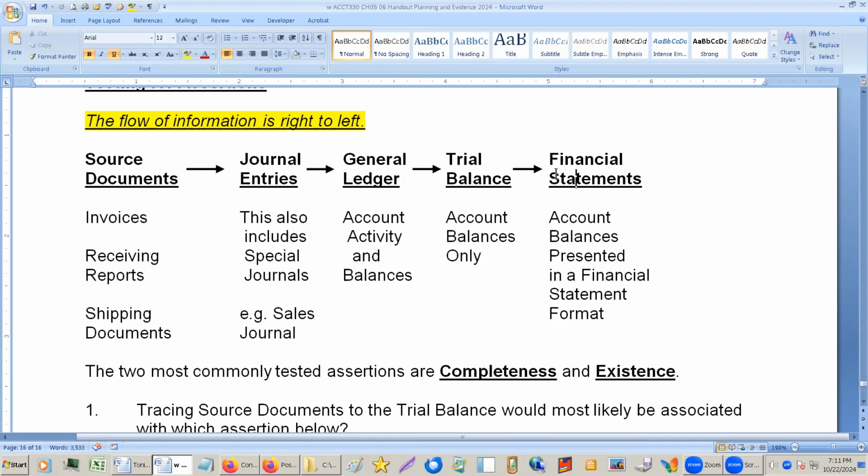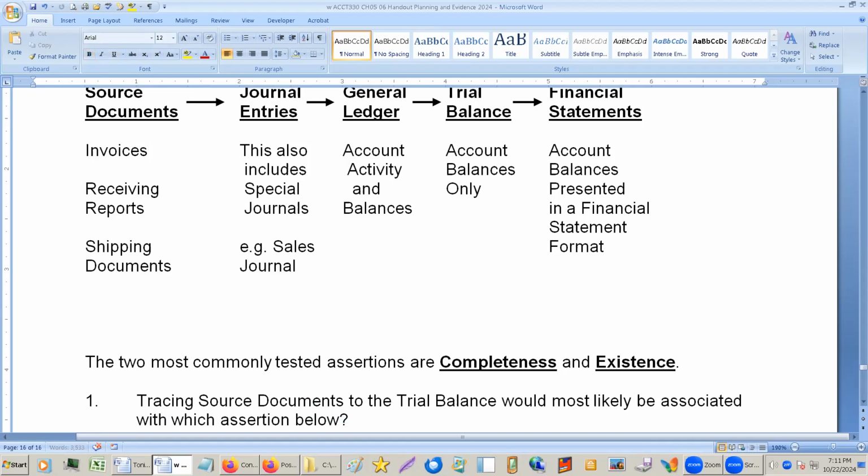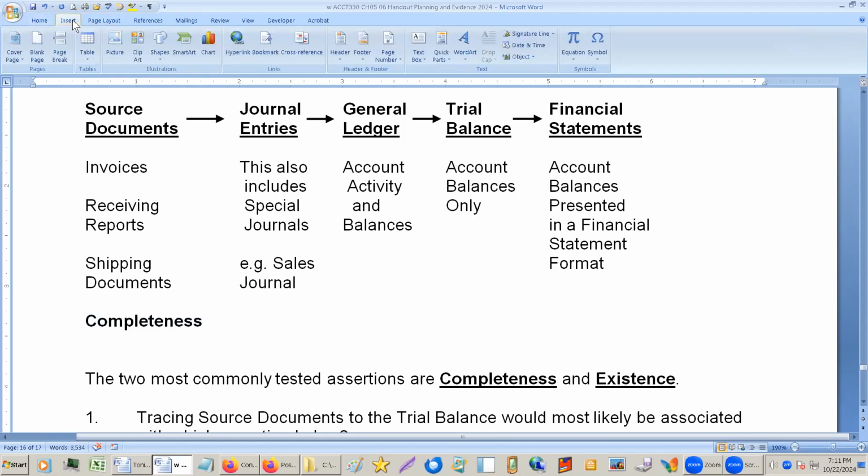if you want to make sure that everything is included on the financial statements, for completeness, the testing goes this way.